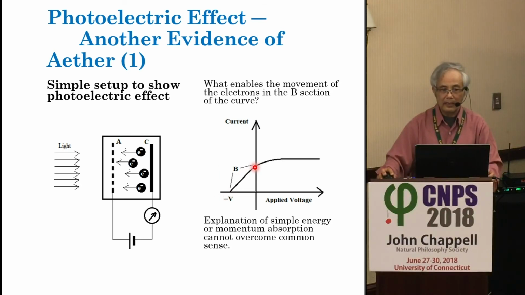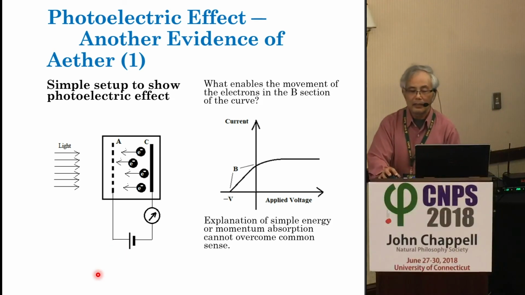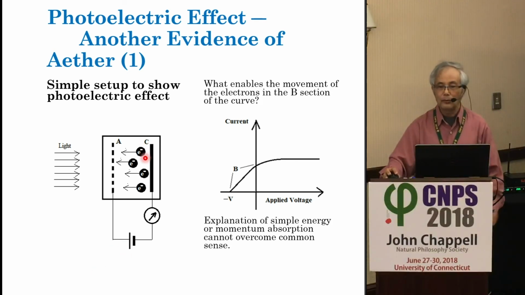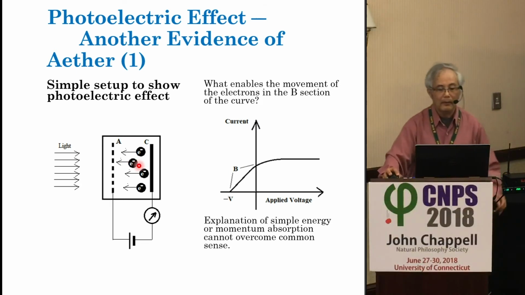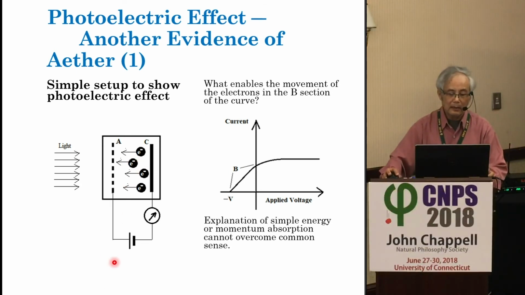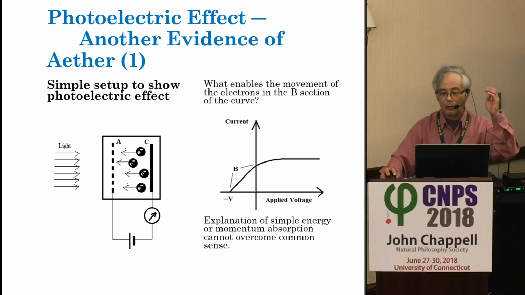So, in other words, as soon as there's light, we don't even need the battery here for the electron to move away in some situation. Okay. So there must be something other than just simple absorption of energy or momentum.